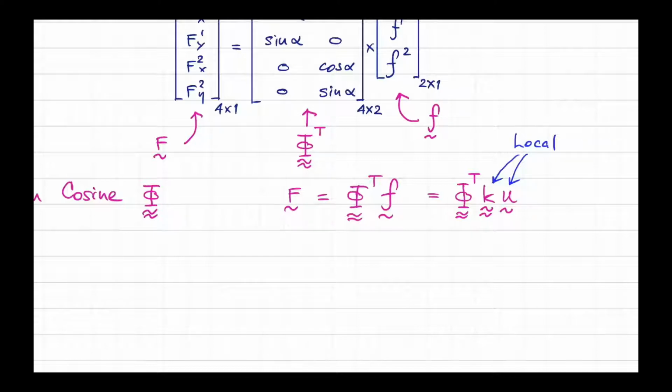Alright, we successfully have the global value on the left-hand side, but now we still have the displacement u left as the local coordinates parameter or variable.